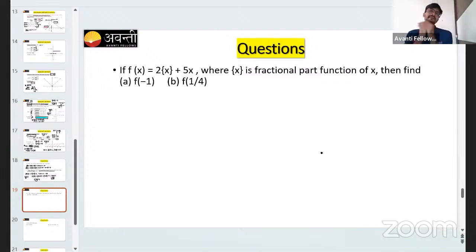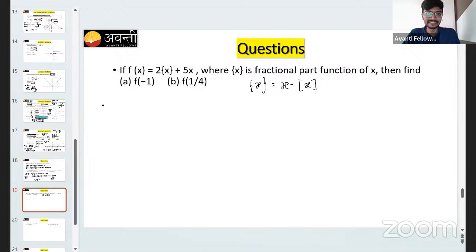So as I said, whenever there is a question on fractional part, please use its definition, then the chances of mistakes are lower. So the definition of fractional part, I can write fractional part of x as x minus step of x. So use it once here, you will get the same answer.